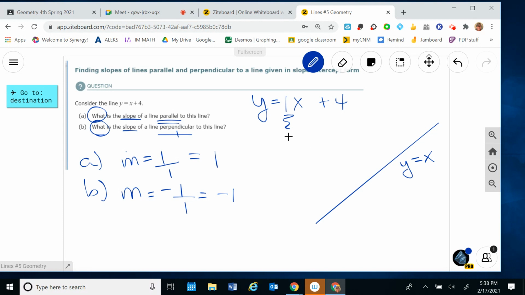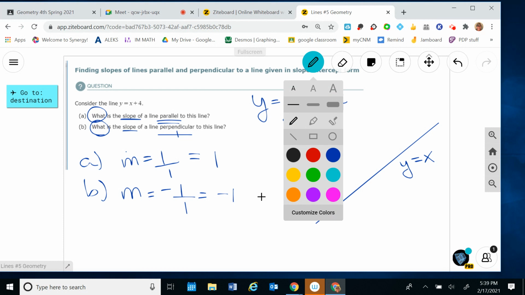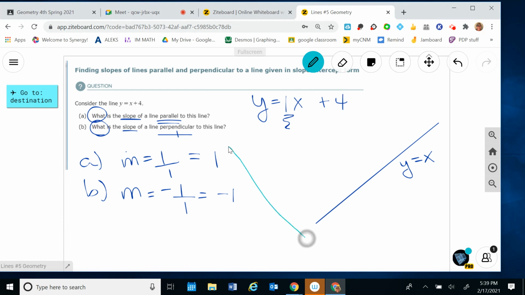If I take the line perpendicular, let me see if I can select this and move it. There, cool. Just so you can appreciate this, to get to the next point here, we go over 1, up 1.